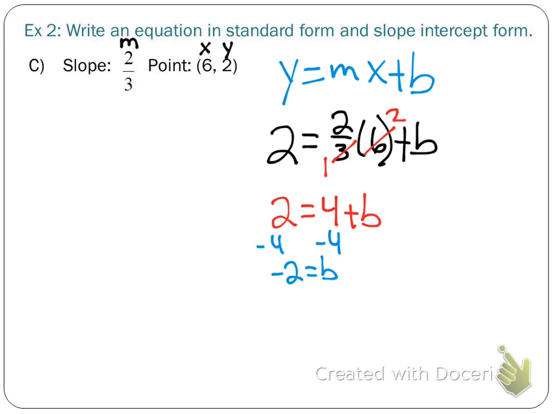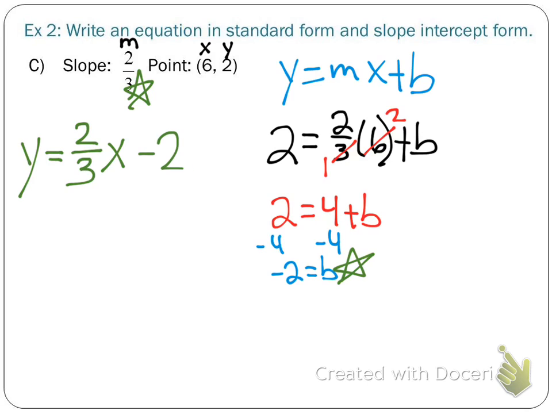All right, so I know m. That's right here. I know b, that's right here. Those are like the winning tickets, okay? Now I can write it in y equals m, which is 2/3, x goes back to x, and then b, which is minus 2.